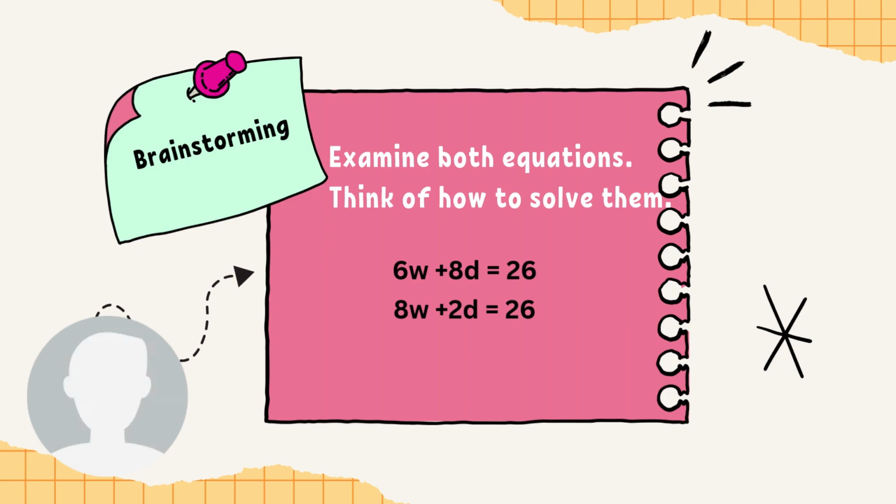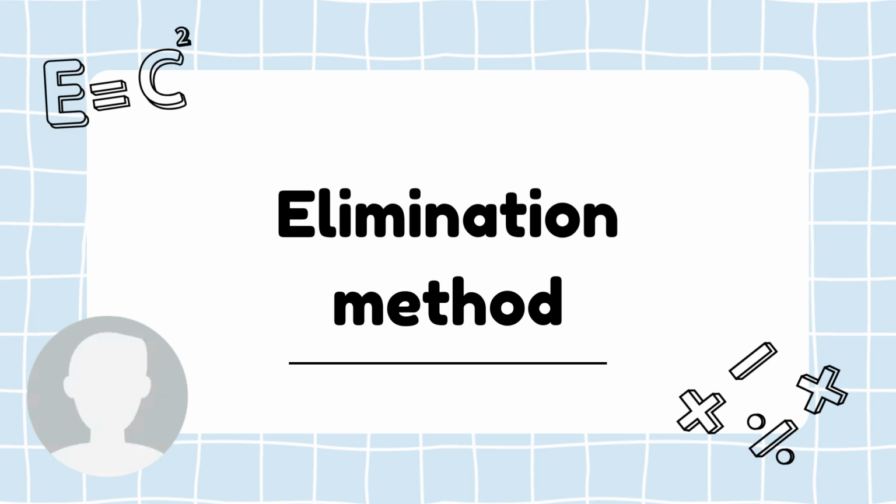Think about it. Technically, we can solve simultaneous equations by using two methods. The first method is called the elimination method and the second is called the substitution method. In this chapter, we will be focusing on solving simultaneous equations by using the elimination method.